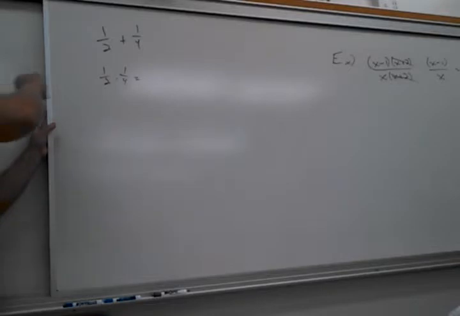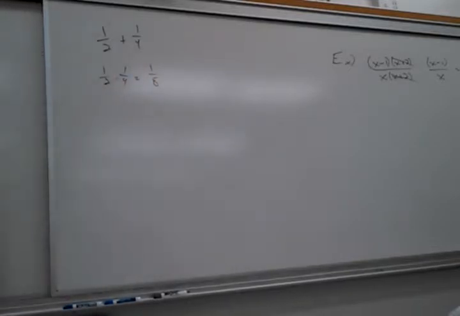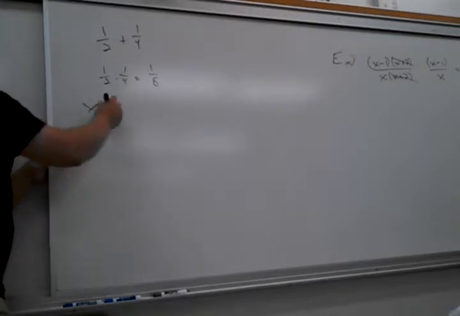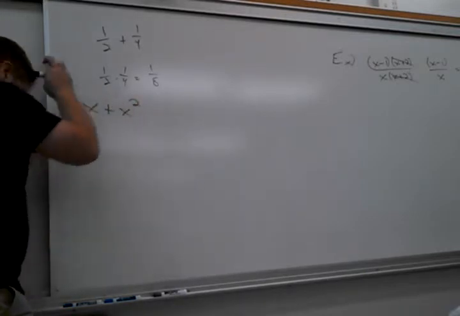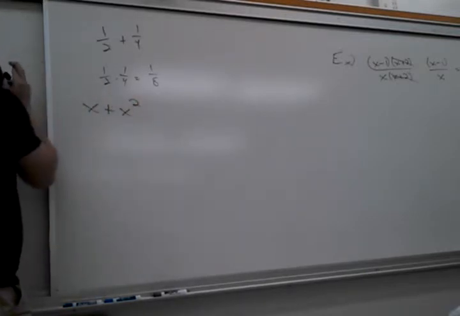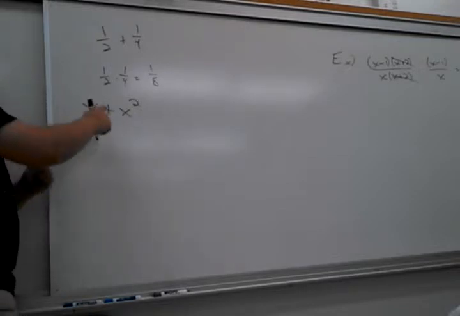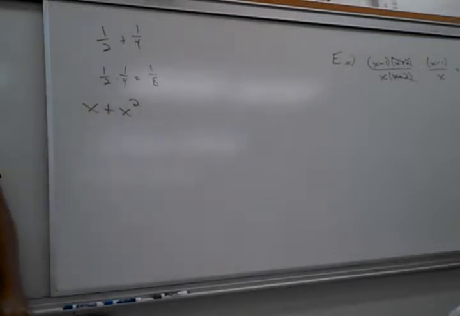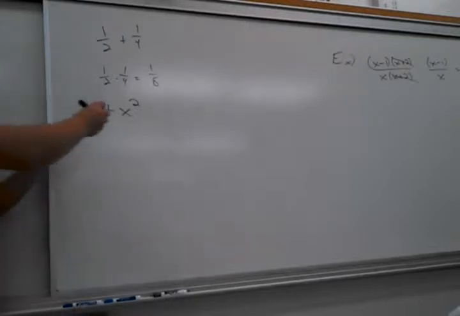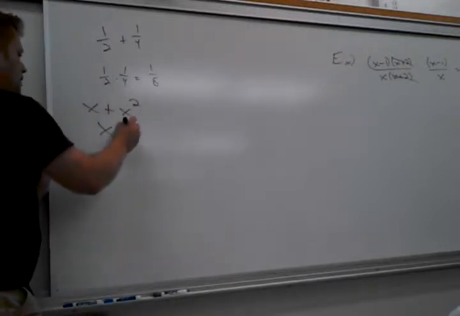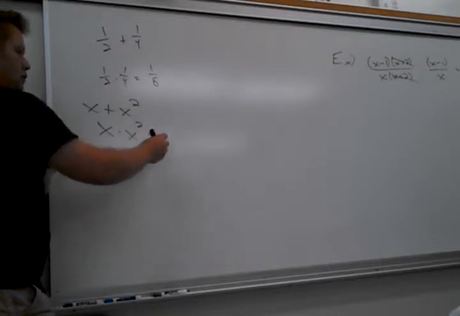Done. You don't need like terms when you multiply. What's x plus x squared? It's x plus x squared. There are no like terms there. You can only add or subtract like terms. But what's x times x squared?